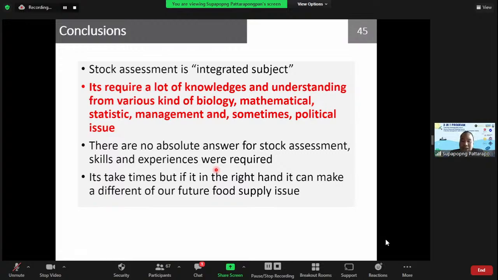Sometimes it also includes some uncertainty which we should account for. If we have enough experience or information, we can make the right decision. It takes time, but if it's in the right hands, it can make a difference for our future food supply and for better fishery and environmental management.